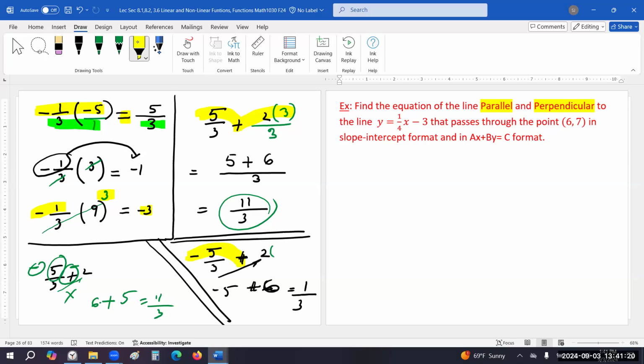So start with this. This is y equals mx plus b format. Looking at the slope of this line, we get the same slope for the parallel.